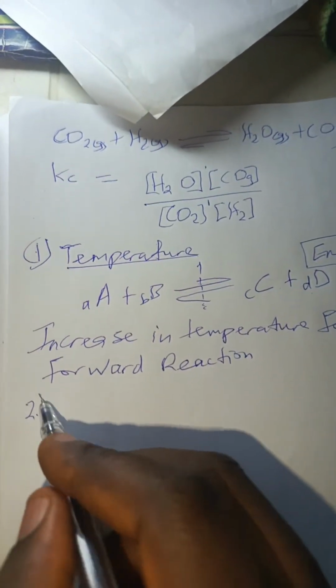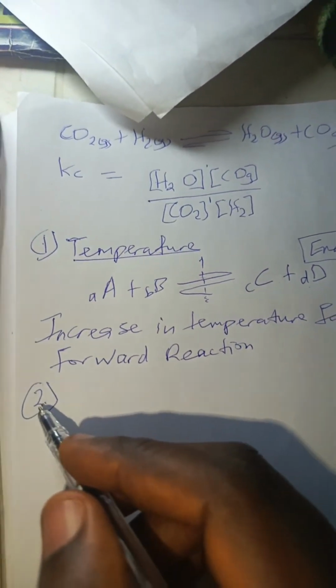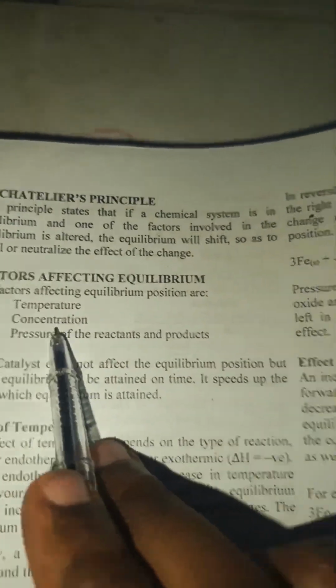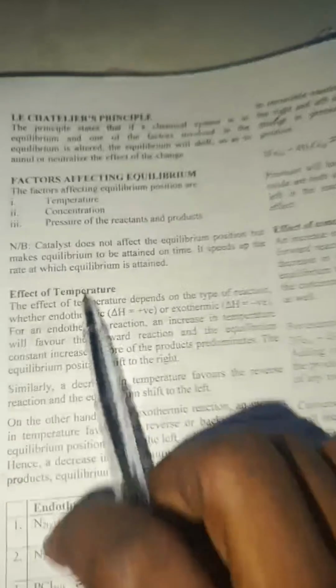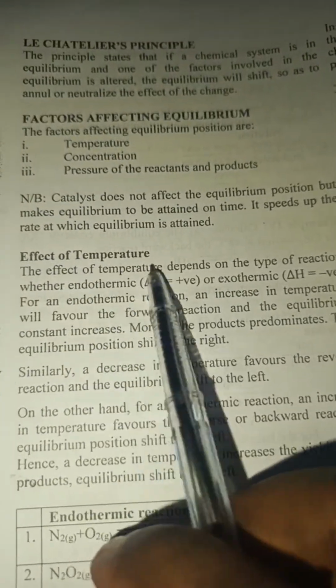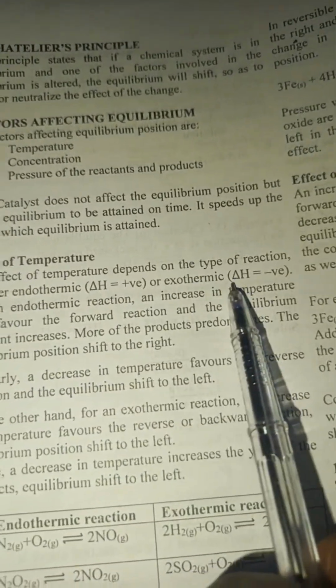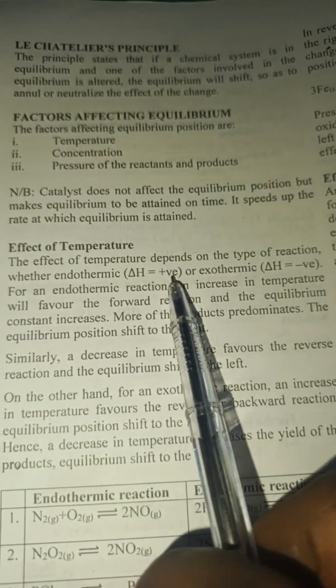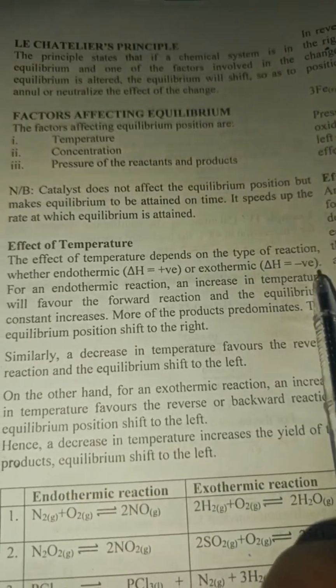So the second one, let's go for pressure. We have pressure, and we have concentration. Talking about concentration, that one is straightforward. Let me look at what is here. The effect of temperature depends on the type of reaction, as I've said, whether endothermic, which is positive, or exothermic, which is negative.